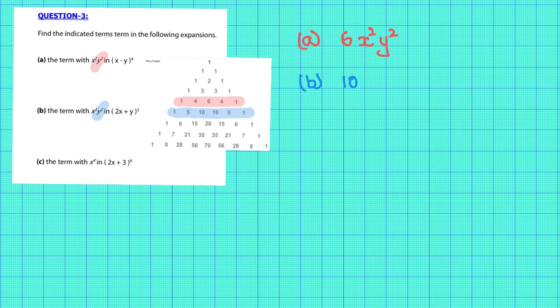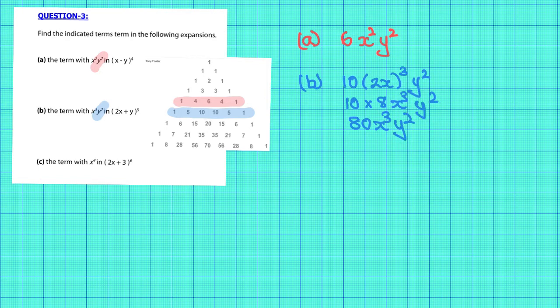Now we can do the rest of the expansion. 2x is cubed, y is squared. Multiply out, we get 10 times 2 cubed, which is 8, x cubed y squared, which is equal to 80 x cubed y squared.